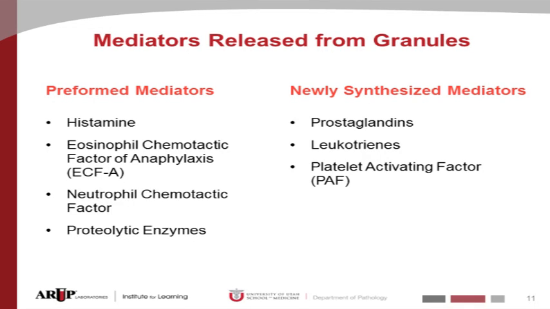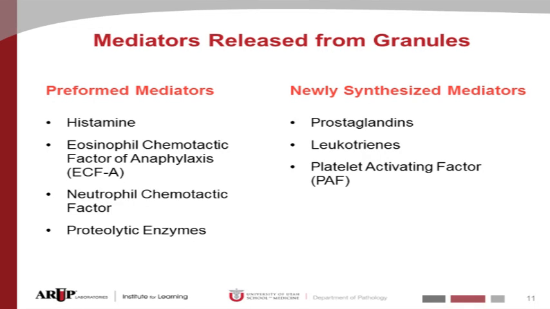Newly synthesized mediators develop sometime after the initial event, and they prolong the hypersensitivity consequences to 6 to 8 hours after initial exposure to the allergen. They develop from the cell membrane lipids of the basophils and the mast cells. Some examples are prostaglandins, which mimic the effects of histamine.